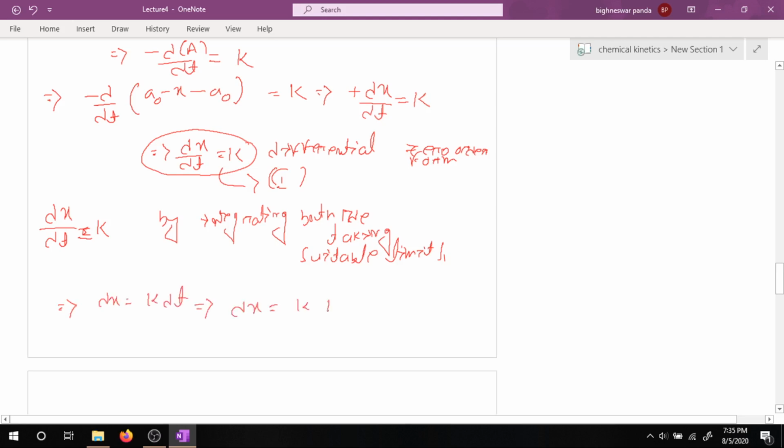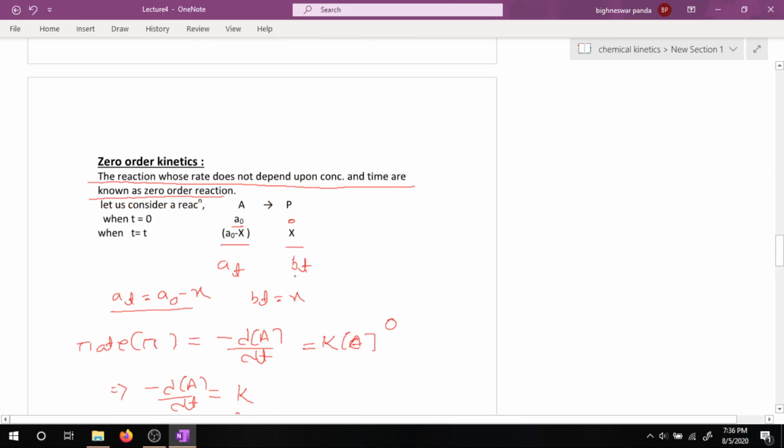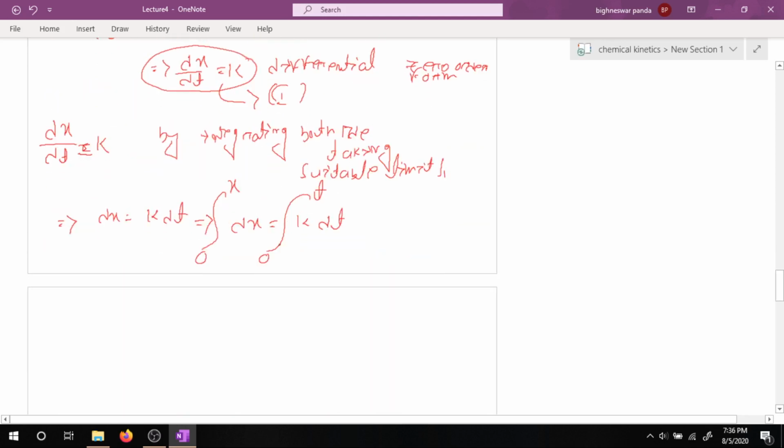For integration I can put x from 0 to x and t from 0 to t. Why is it 0? At time t is equal to 0, the concentration of x is 0, and at time t is equal to t, the maximum concentration of B formed will be equal to x. So at time t is equal to 0, the lower limit is 0, and at time t, the maximum concentration is x.